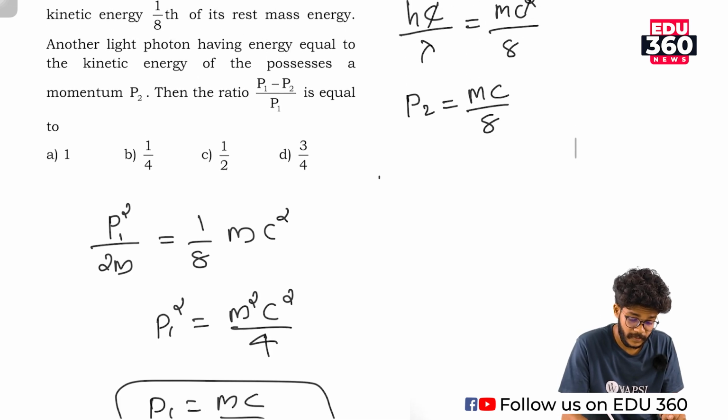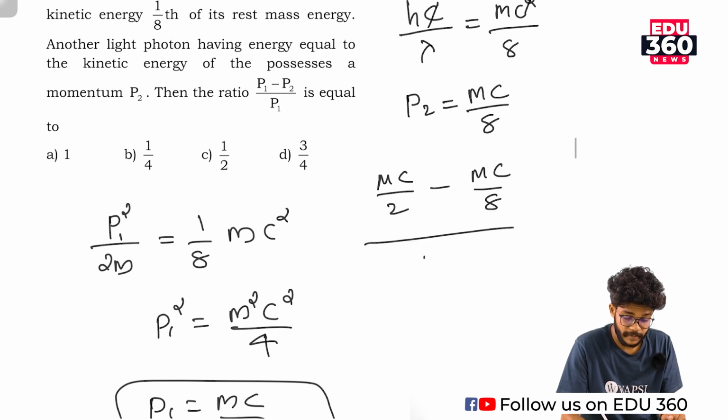Then (p1 minus p2) by p1 is (mc by 2 minus mc by 8) by mc by 2. This and this can be cancelled.